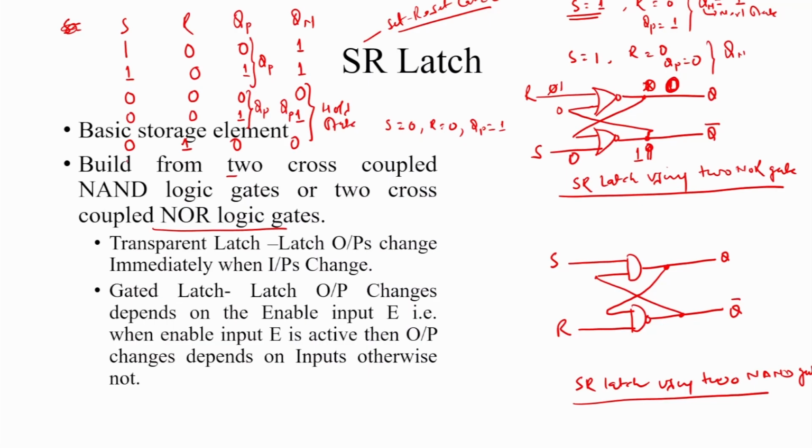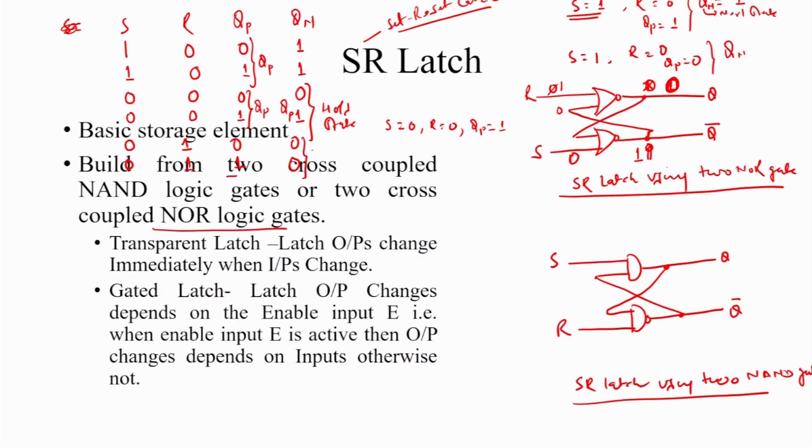Suppose here R is 1; whatever the value of the previous state, the next state value is always 0.